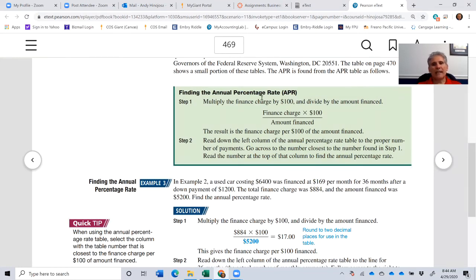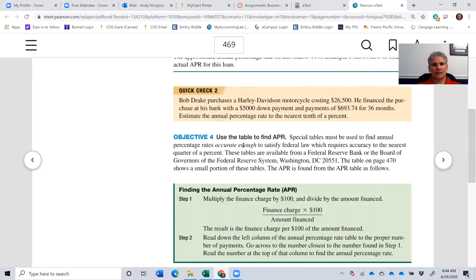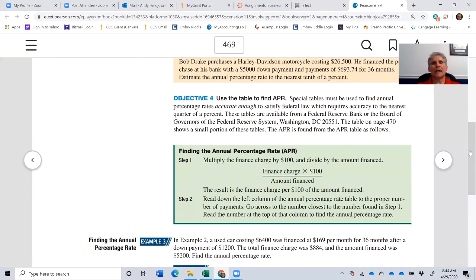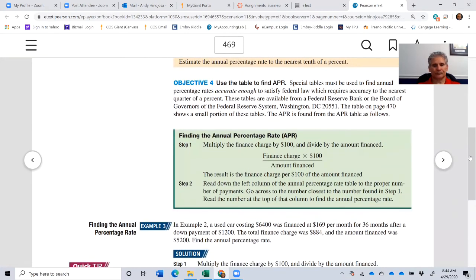Okay, so now finding the annual percentage rate, we can use the table to find the APR. To do that, we're going to multiply the finance charge by $100 and divide by the amount financed.